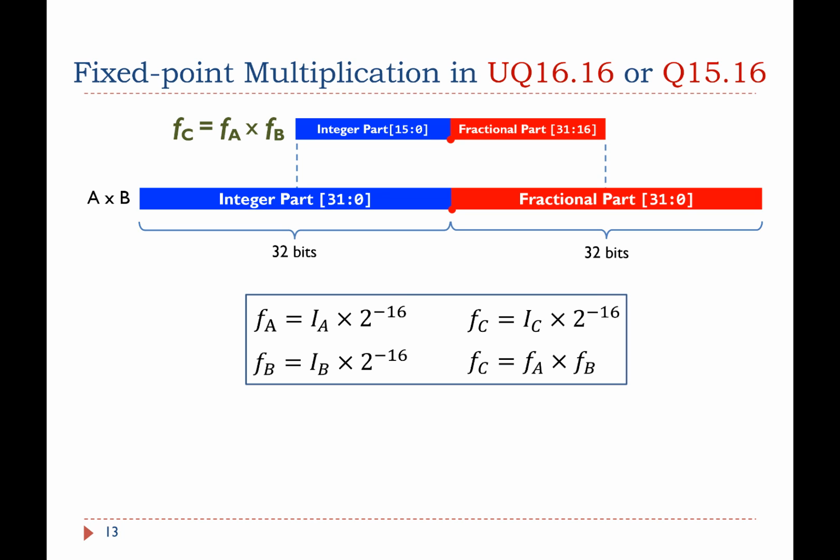Let me explain the math behind it. For fixed point numbers FA, FB, and FC, assume their corresponding integers are IA, IB, and IC respectively. The integer is directly obtained by removing the radix point from the fixed point.